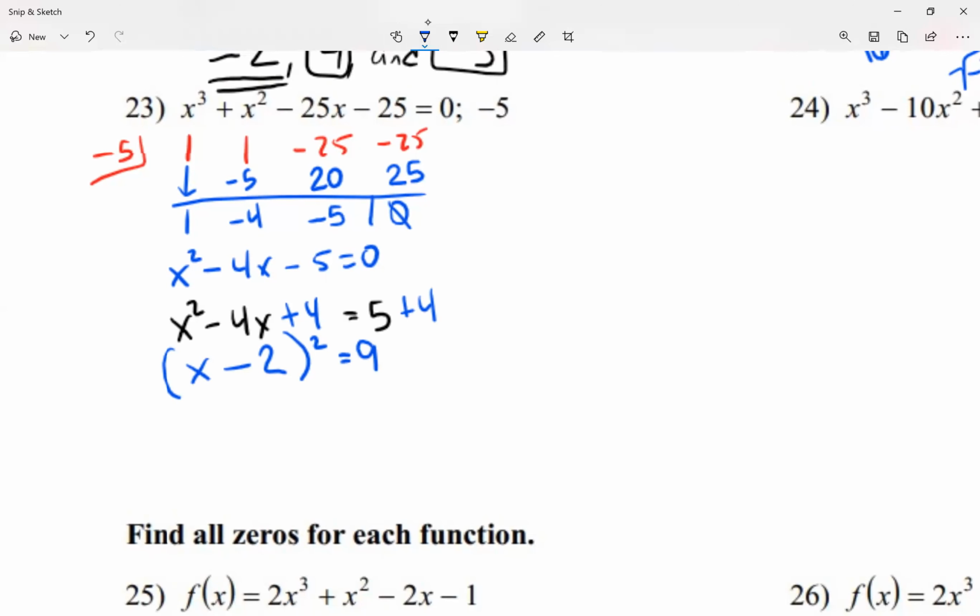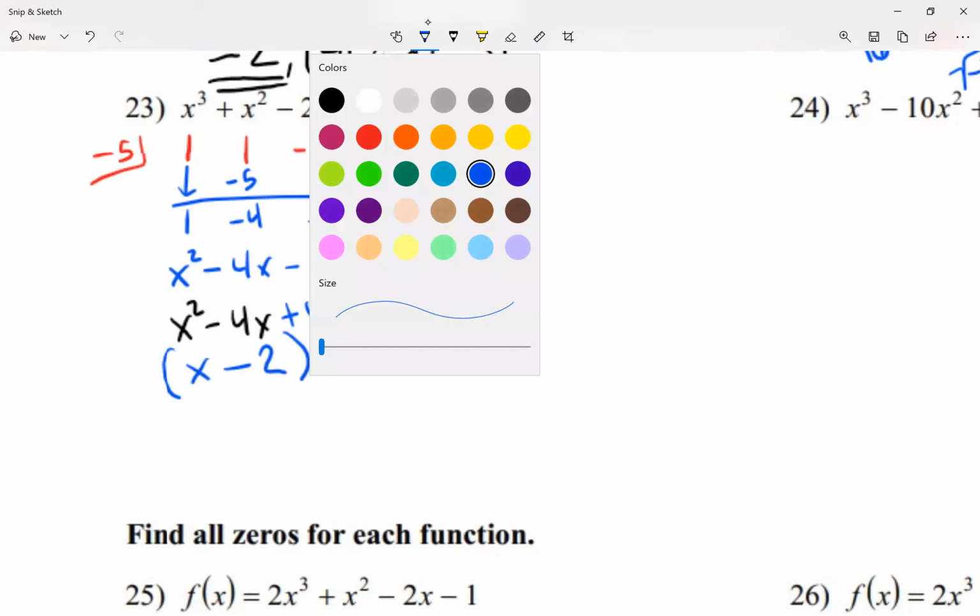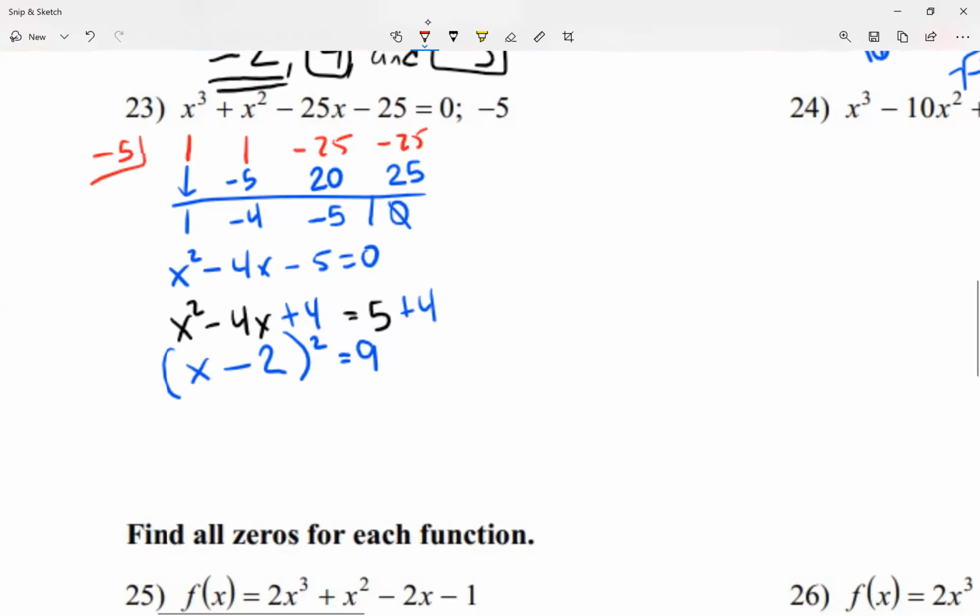To get rid of the exponent, I'm going to use square roots. So I'm going to say x minus 2, right? Without the exponent, just x minus 2, it's equal to plus or minus 3. All right, that's the square root of 9. Technically, I did the square roots.